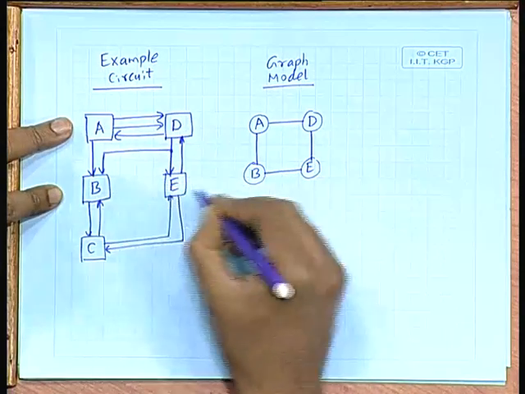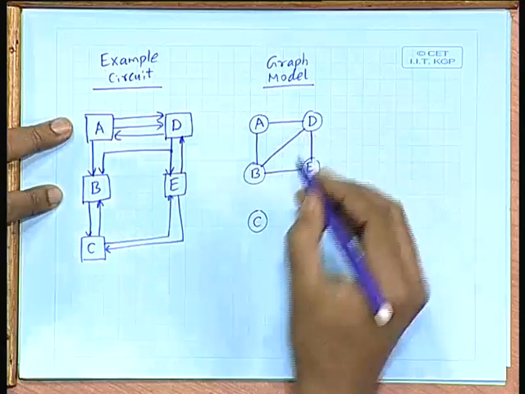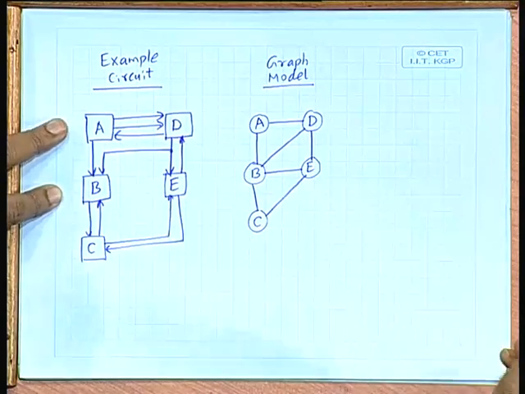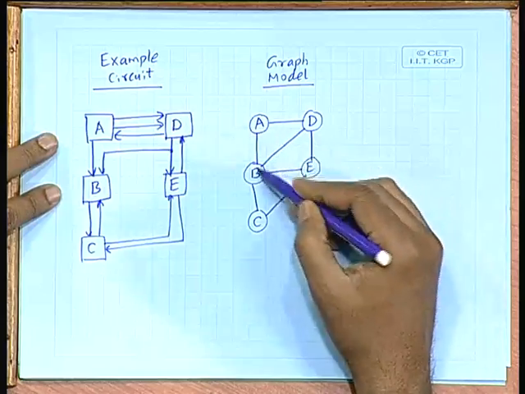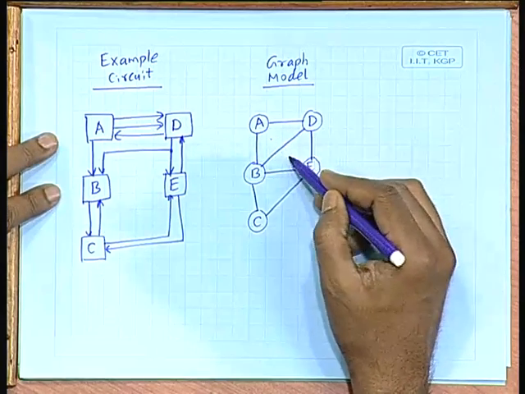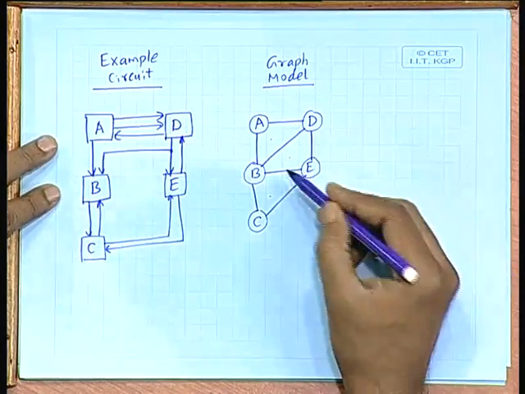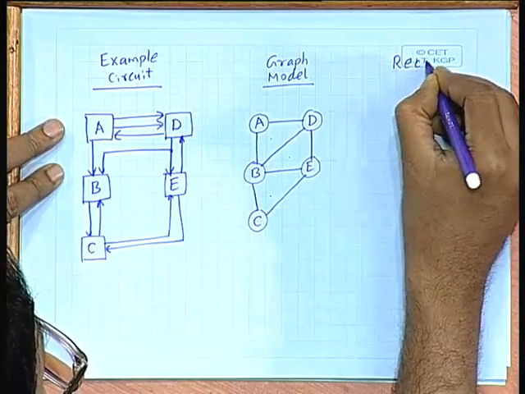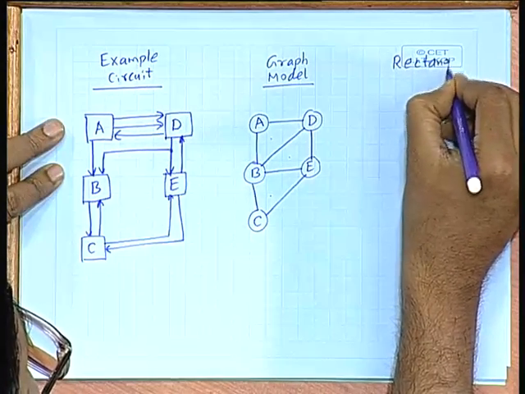From D and B there is a connection. Fine. So, you can say this graph is already triangulated, so all the faces are triangles. Now, from this graph model you can draw the corresponding rectangular dual.